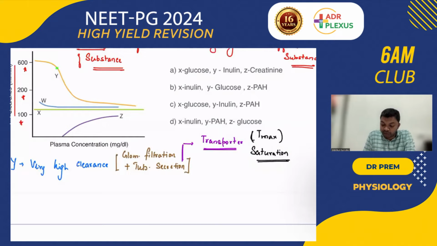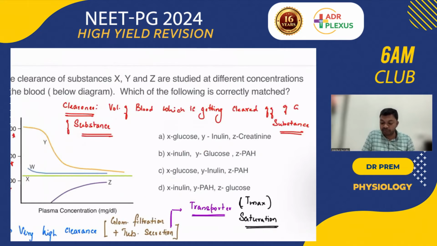Not much of the substance is going to get out of the blood, because the transporters are saturated. The remaining substance is going to get stuck within the blood itself, so you find an abrupt drop in clearance and the blood stagnates with that substance. What molecule behaves this way? When the concentration is very low, there is a huge amount of clearance, and with the rise in concentration, there is an abrupt drop in clearance.